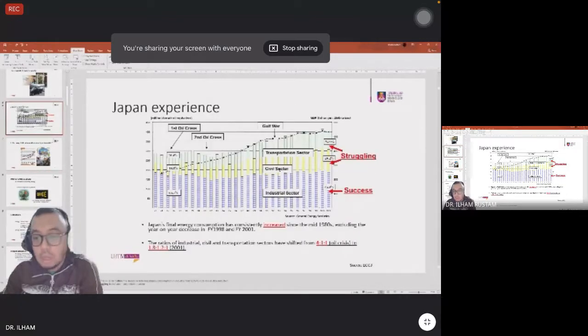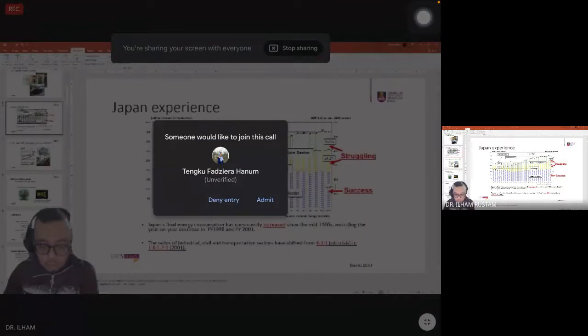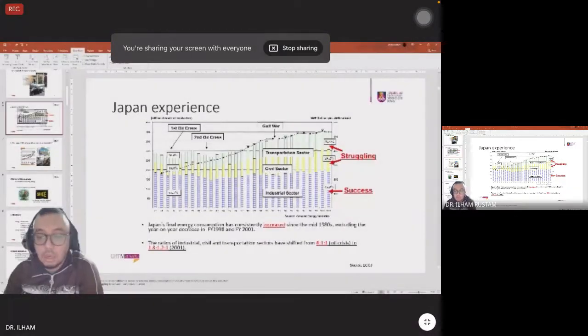Okay, so as a result of that, even though their energy consumption is increasing, 24.9, 29.2, 45.9, they are able to keep the industrial sector almost level. They knew they could no longer depend on oil. So what they did was reduce dependency on oil, and they implemented renewable energy efficiency and whatnot.